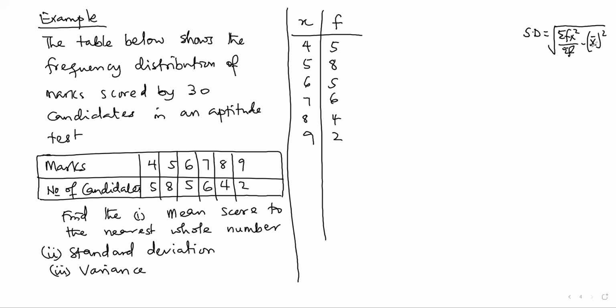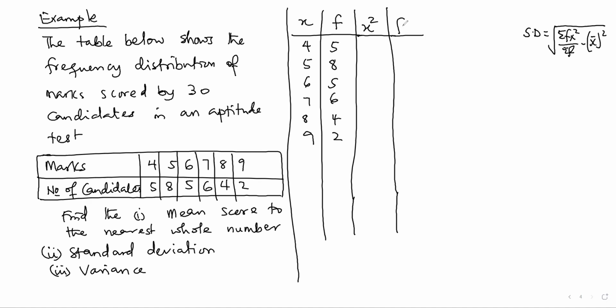If you look at the formula, we have x squared, so we need to create a column for x squared. If you look at the formula carefully, we also have fx, as you can see from here. But the mean itself is summation of fx over summation of f. Don't forget that. That's the mean formula.